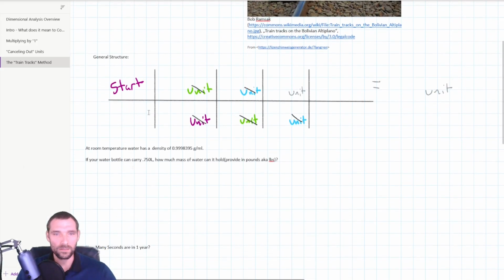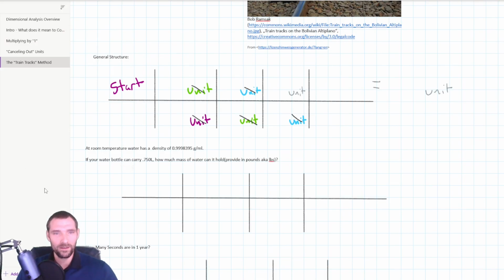So if you wanted to do another problem like this, we can just set up our... All right, so let's say that you have some water at room temperature, and you've got a water bottle that can hold 0.75 liters, and you want to know how much mass that's going to be.